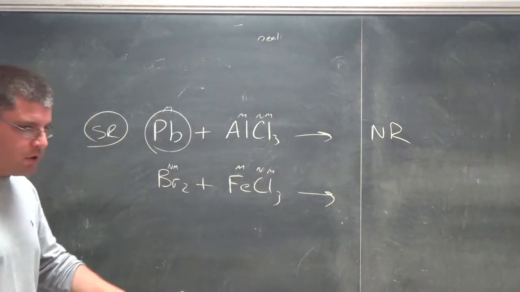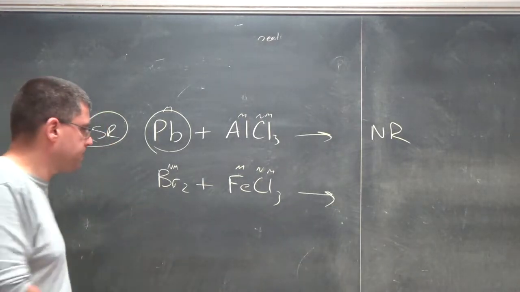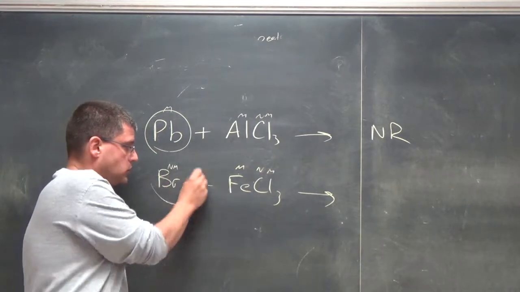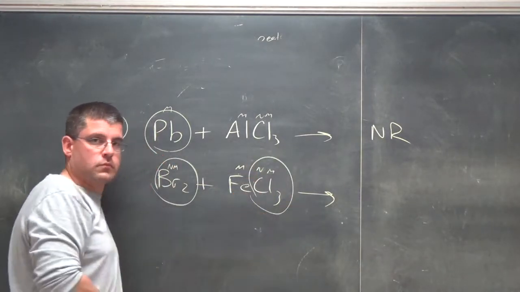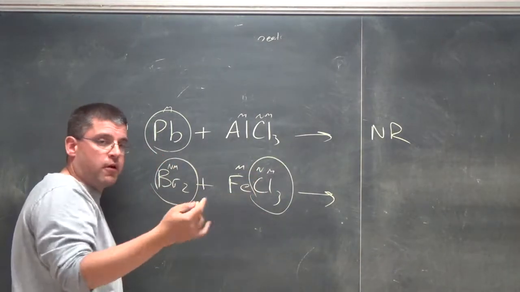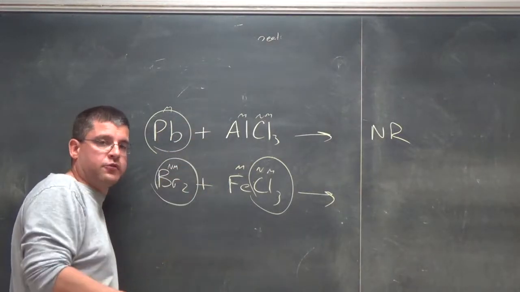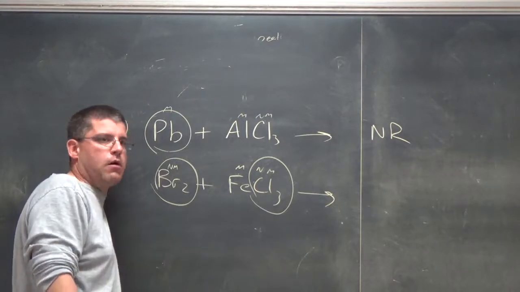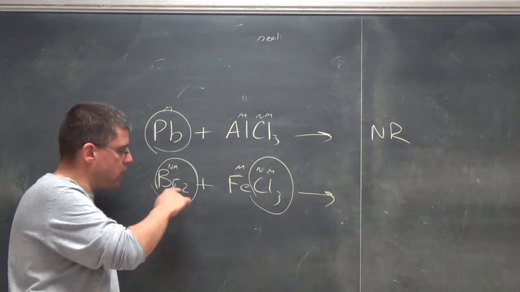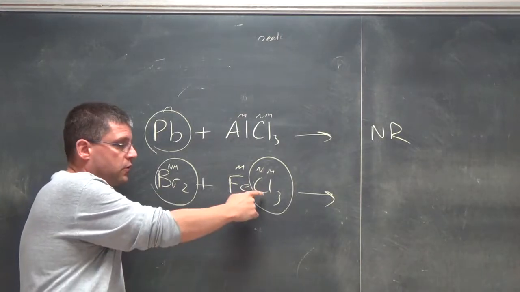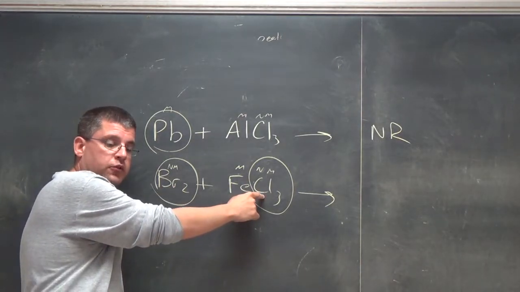Here I got metal, non-metal. So now you should be thinking, I'm not even looking at this thing. I mean, come on. What are you comparing? Non-metal to non-metal. We know bromine and chlorine are both very reactive non-metals because they're halogens and they're group 17, they want to gain a valence electron. Okay, that's back in October. Wow. So now let's take a look. Is this bromine going to be active enough to displace chlorine that's already stable and reactive?